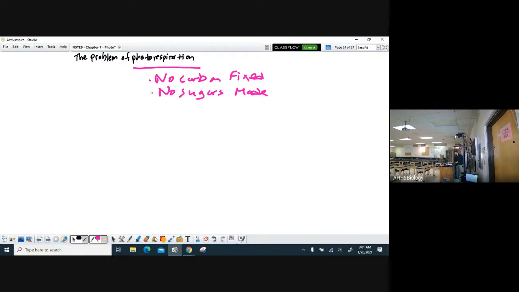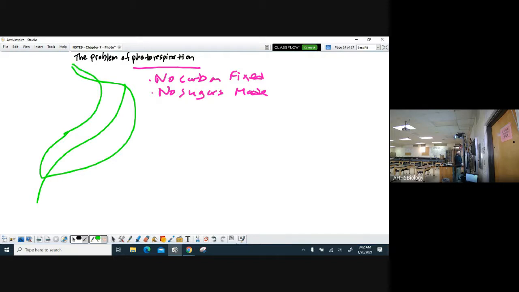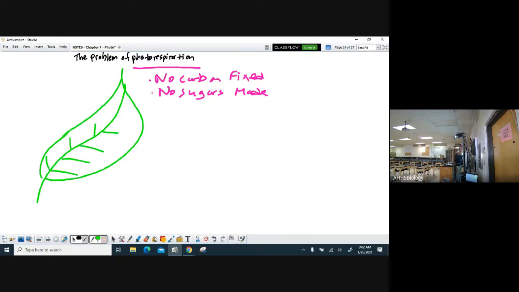Okay, so let's take a leaf. That's a really bad leaf. And we're looking at the bottom of the leaf. Okay, there are all these little veins, branching veins. It's a dicot. Remember dicots and monocots, all that? And there's all these little pores.